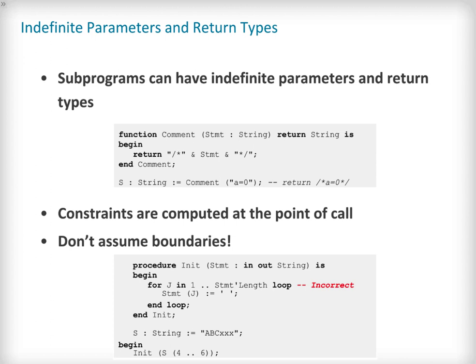And I'm doing that assuming the lower bound of the string to be 1. However, as you can see here at call time, I am using a slice of the array from 4 to 6, so the boundaries of the string within the procedure is from 4 to 6, and my loop is going to fail on an exception.